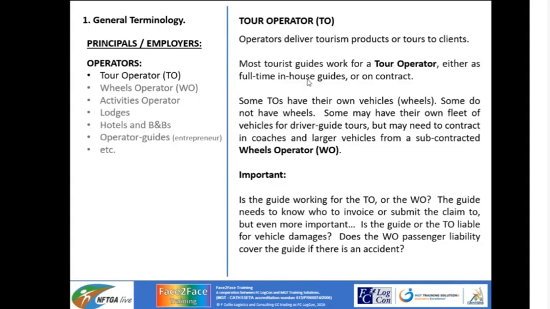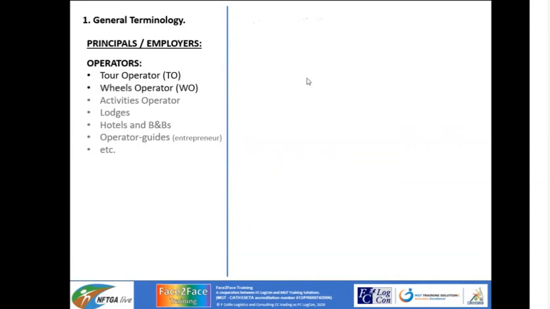Maybe the guide damages the vehicle and suddenly the guide finds out that the guide has to pay. That's the kind of thing that is to be set out in contracts. Also, does the wheels operator have a passenger liability that covers the guide if there's an accident? Because you were working. You weren't one of the passengers on the passenger manifest. You were not covered as a tourist, but you were in the vehicle when there was an accident. So those are the kind of things that we will have to look at again once tourism picks up, because they're very important and there are little gray areas where guides have often fallen through the cracks.